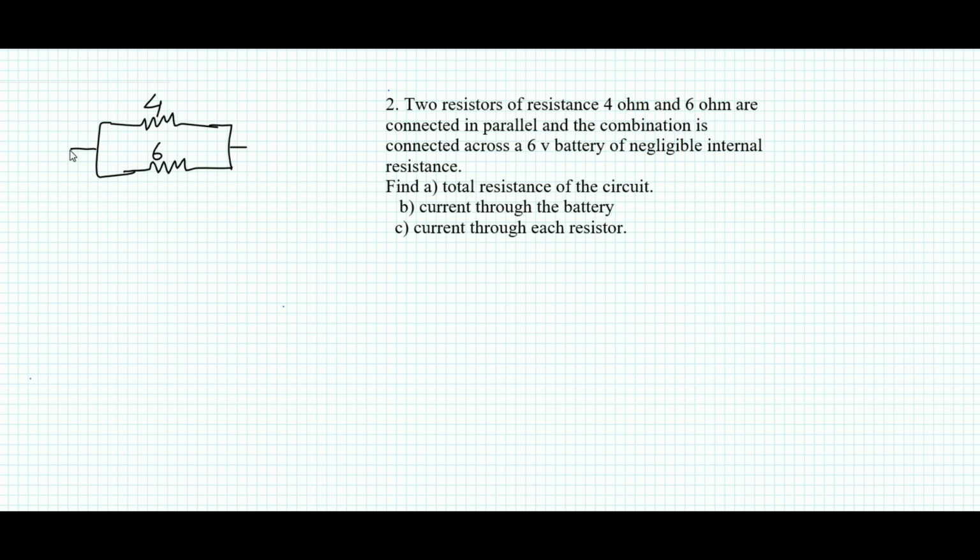That means across means this is the across, this is the across, so it is connected like this. 6 volt battery, this bigger one is the plus terminal and the smaller is the minus terminal. This is the usual convention, right?